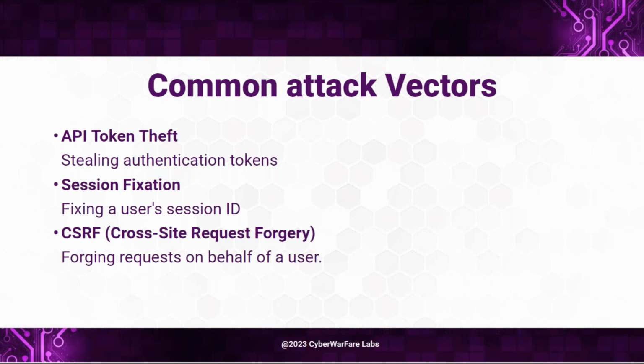These authentication tokens, for example, session cookies or access tokens, are essential for confirming users' identity and permission when they use an API. If these tokens get into the wrong hands, these attackers can act as if they were legitimate users, gaining unauthorized access to resources and sensitive data.